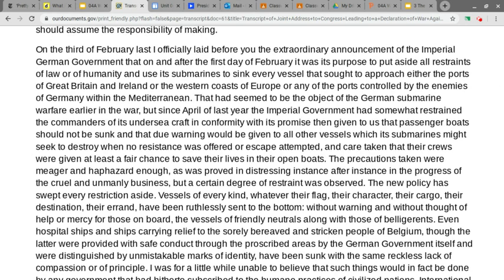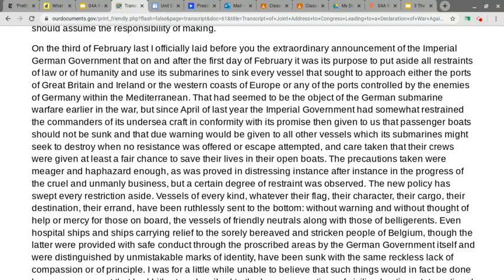On the 3rd February last, I officially laid before you the extraordinary announcement of the Imperial German government that on and after the first day of February, it was its purpose to put aside all restraints of law or humanity and use its submarines to sink every vessel that sought to approach either the ports of Great Britain and Ireland or the western coasts of Europe or any of the ports controlled by the enemies of Germany within the Mediterranean.